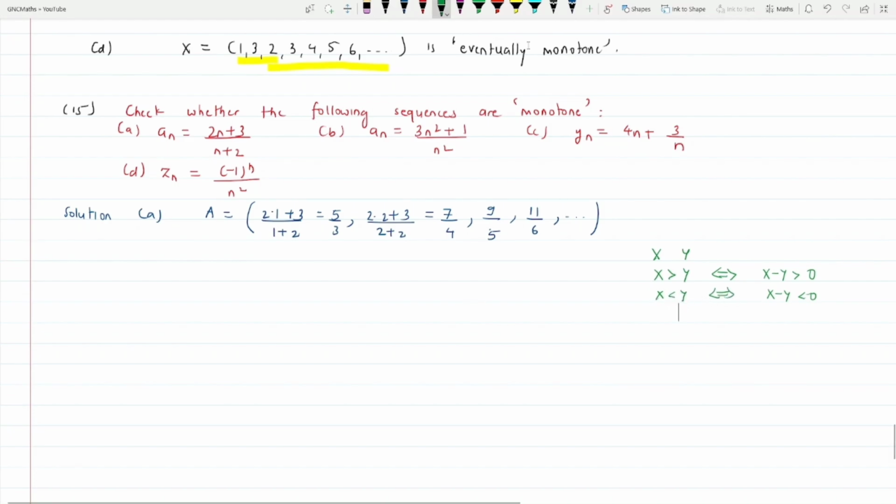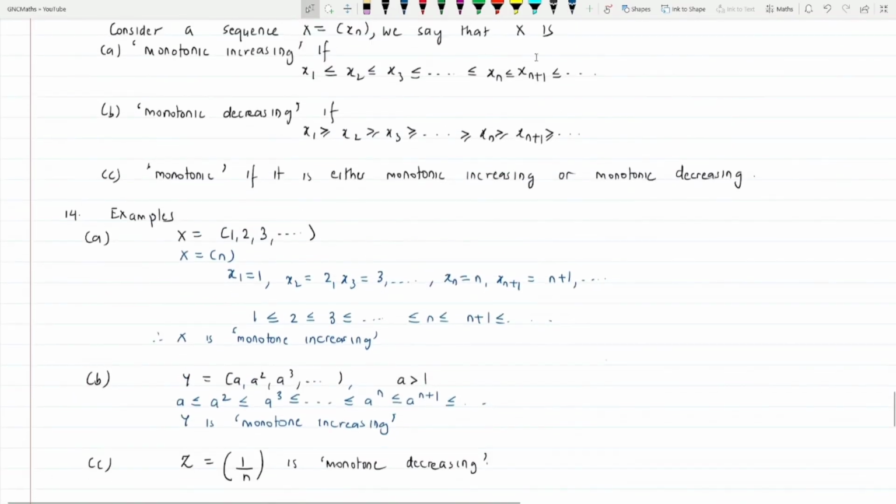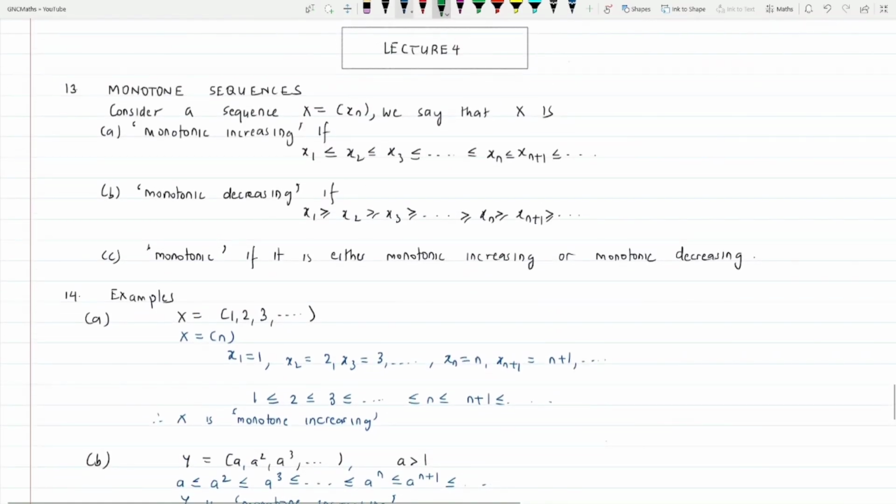Now the definitions which we have listed above could be summarized in a shorter manner. You can see that the successive terms are more than the earlier occurring terms. So we can say that xk is less than or equal to xk plus 1 for every k which is a natural number. You could replace the suffixes by n, that's absolutely fine.